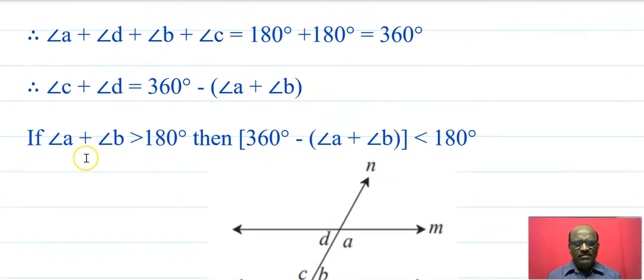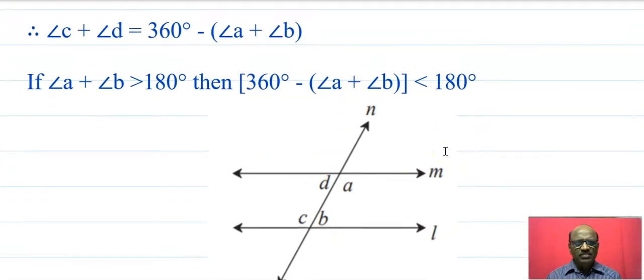Now, if the measure of angle A plus B is greater than 180, then what will happen? 360 minus the quantity A plus B will be less than 180. But if this is less than 180, then according to Euclid's fifth postulate, if we extend these two lines, they will meet each other.